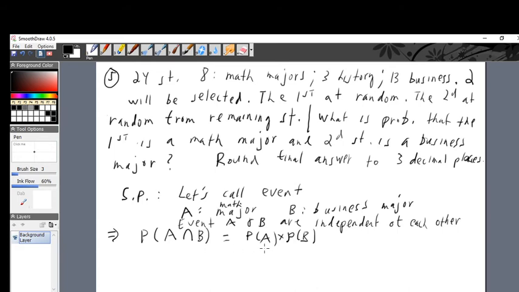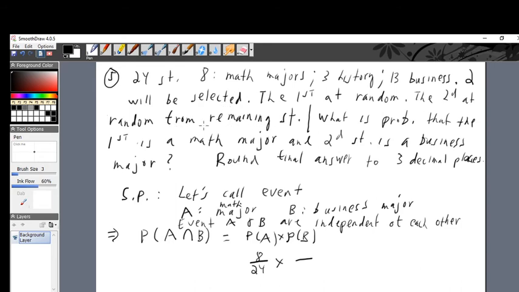But wait, what's the chances of the first one being a math major? How many students are there when you first start selecting? 24. 24 students in all. How many are math majors? 8 out of 24. Okay, times how many when you get to the second student? That first person that you selected, does he go back in line to be selected?